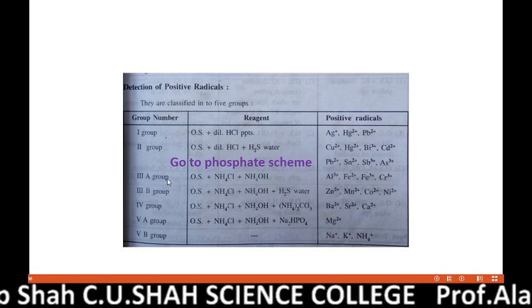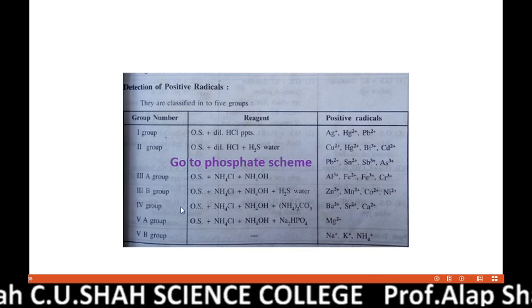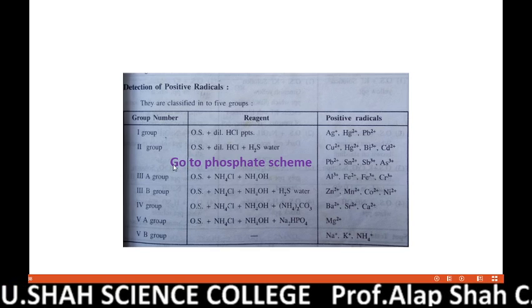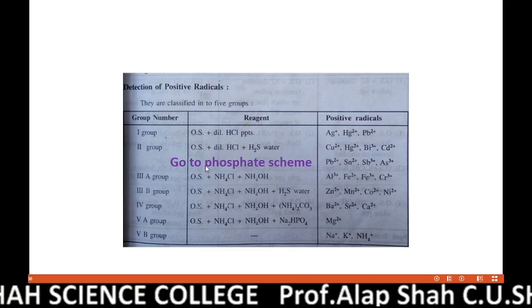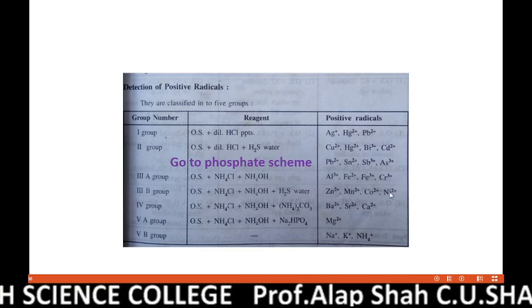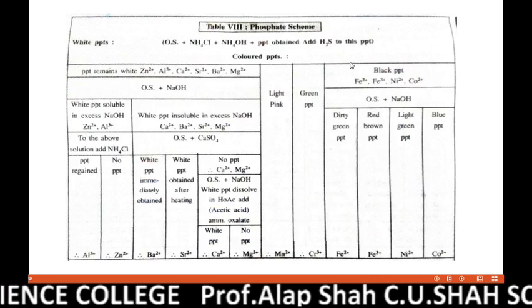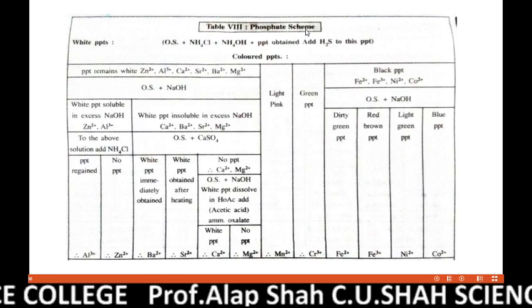So in normal circumstances, we go to the 3A group. But because it is insoluble, because PO4 minus 3 is present and the first two groups are absent, you cannot go for 3A group. Instead, you should go for this chart given in your practical book. You can read here the title: phosphate scheme.